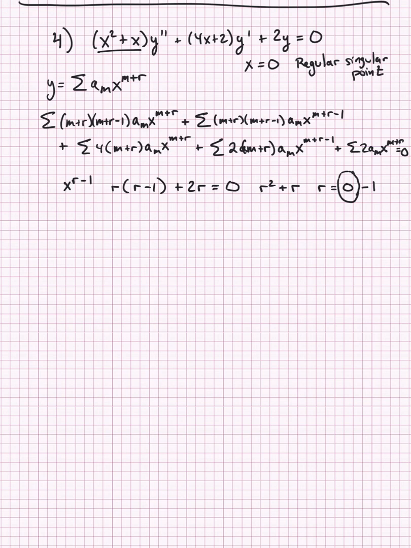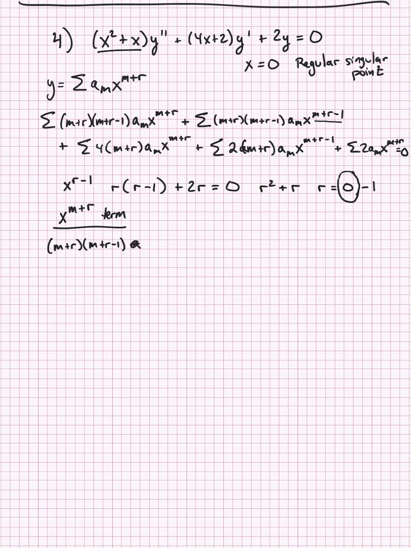Okay, so let's try to do some combining so we can get something which looks a little nicer. If we look at the x to the m plus r term, we have a contribution in the first series of (m plus r) times (m plus r minus 1) times a_m. The second series is shifted, so instead of m you plug in m plus 1.